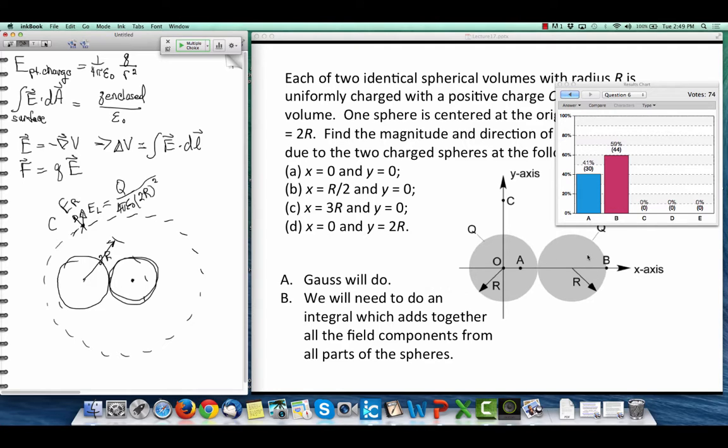The distance to point C is 2r to the left from the center of the sphere on the right, and 2r in the positive y direction.